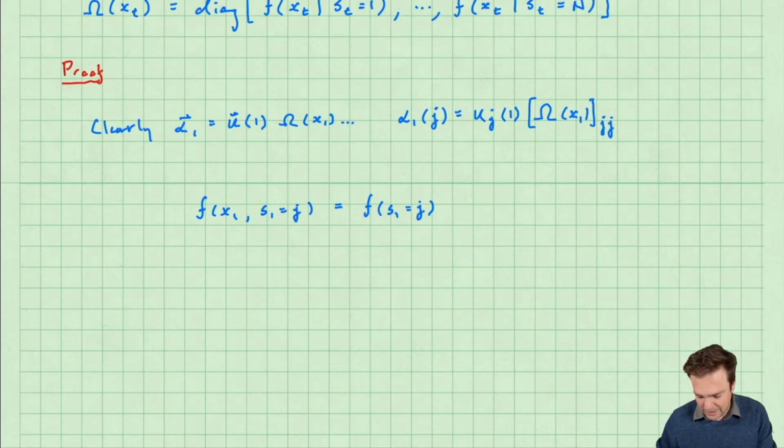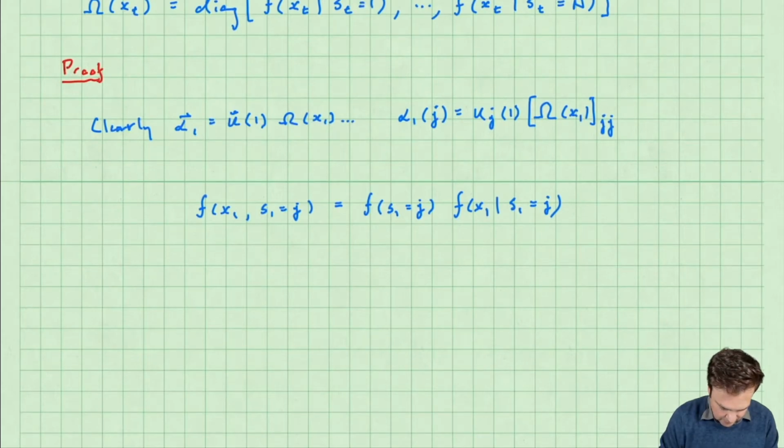And then omega at index jj, that looks like this. So it's f of x1 given s1 is equal to j. And I think you can just see this is clearly true from the definition of conditional probabilities. The t+1 case is a little harder.